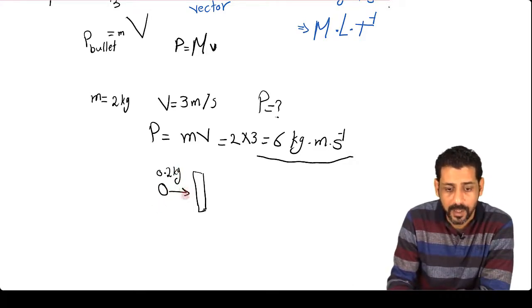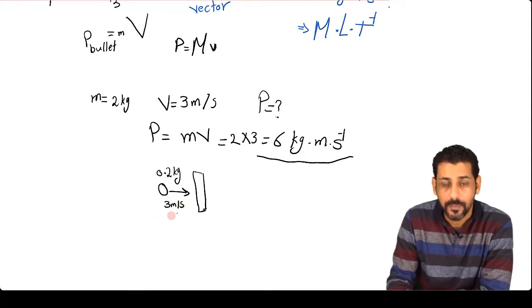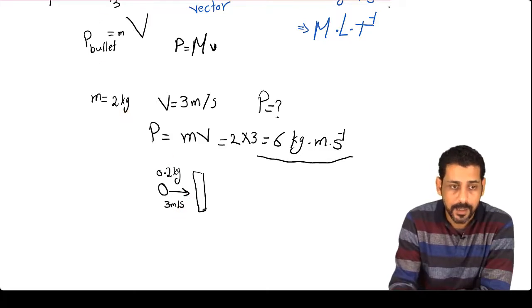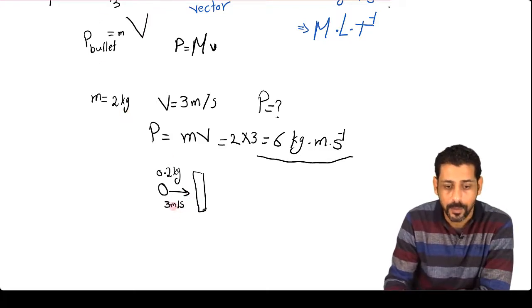This ball was moving at a velocity of 3 meters per second. The ball hits the wall and rebounds, or reflects, at 2 meters per second.